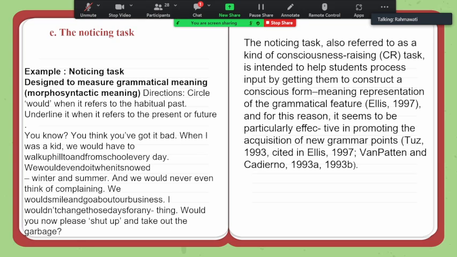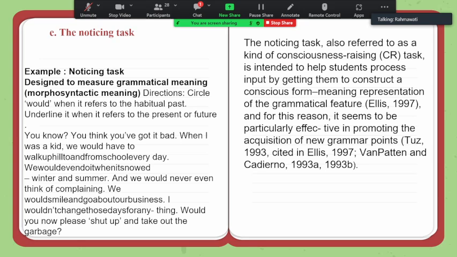The next is the noticing task. The example of a noticing task is designed to measure grammatical meaning, morphosyntactic meaning. Directions: circle when it refers to the habitual past, underline it when it refers to the present or future.